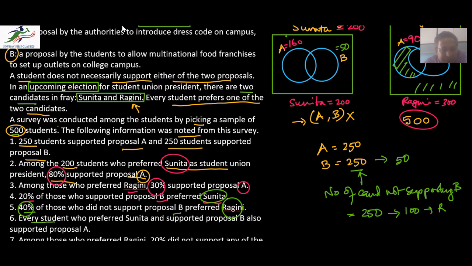Next it says every student who preferred Sunita and supported B also supports proposal A. That means this 50 who are supporting B as well as Sunita also supports proposal A. That means there are no candidates who is supporting only proposal B and supports Sunita.